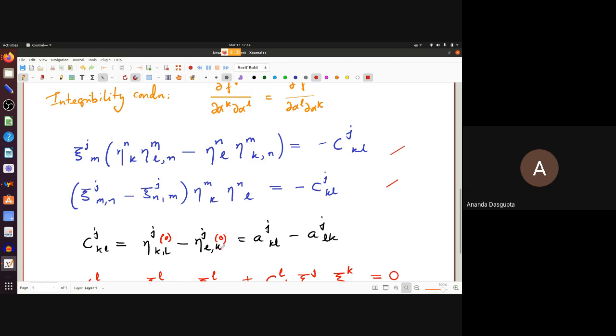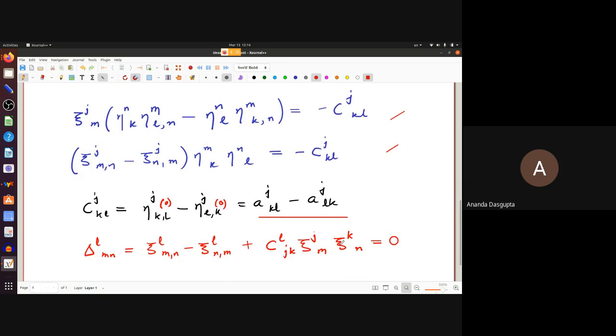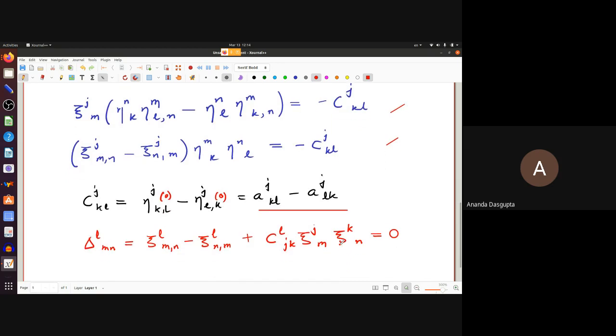And using this, and using the fact that we have the Taylor expansions of the fj's, whose derivatives are beta j's, we showed that they are related to the Taylor expansion coefficients Ajkl in this particular manner. Cjkl is basically the anti-symmetrized version of Ajkl. And this is something which we did not write down before, but it's the same thing. This equation is essentially equivalent to this equation, at this quantity delta lmn being equal to 0.